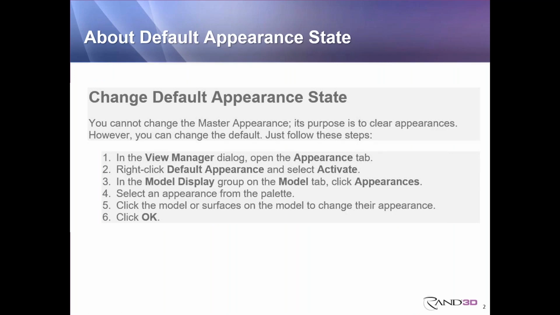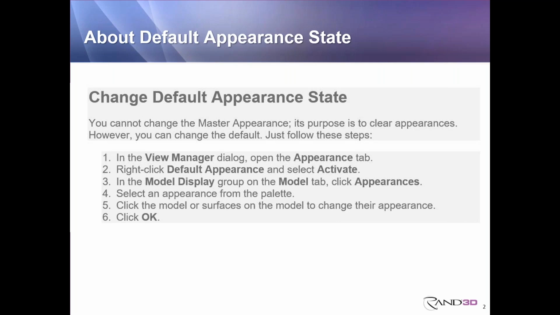I will reiterate that you can change the default appearance state that comes along with every Creo model, every part, every assembly. And its purpose is for you to have an alternative appearance in your model.